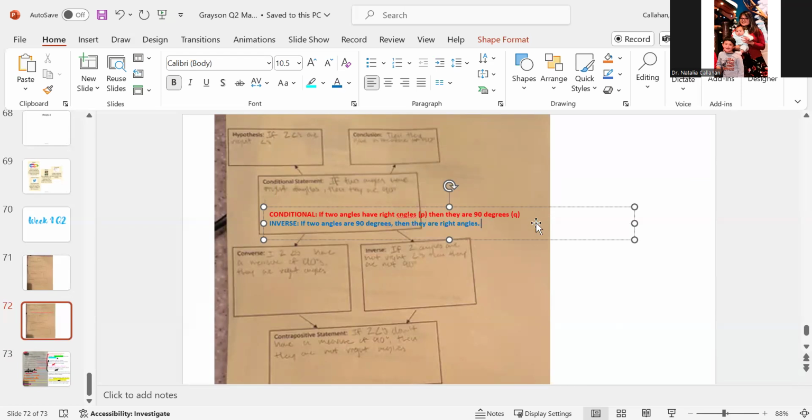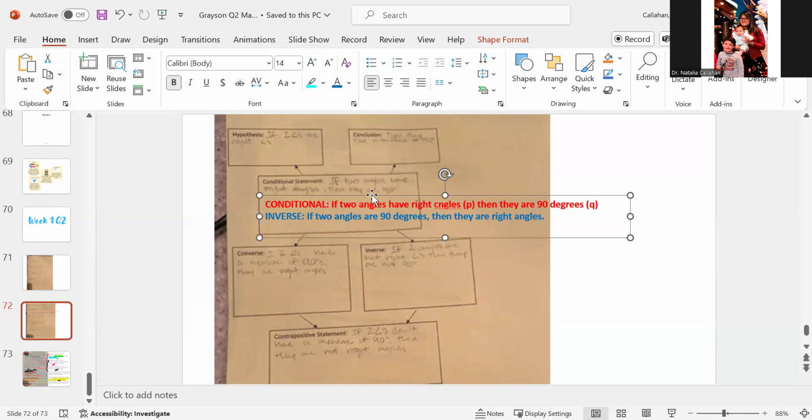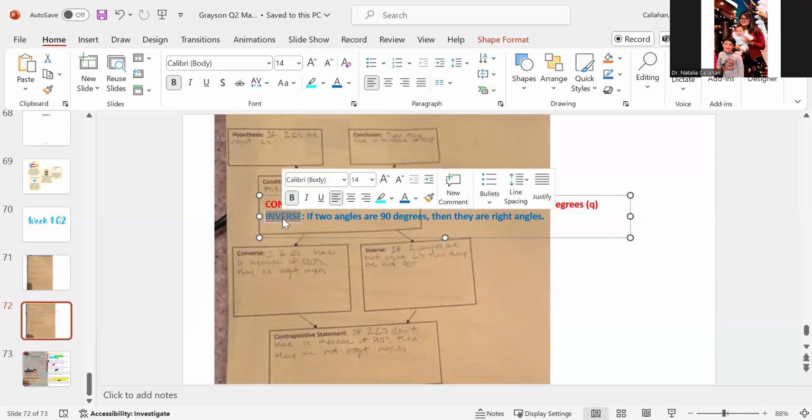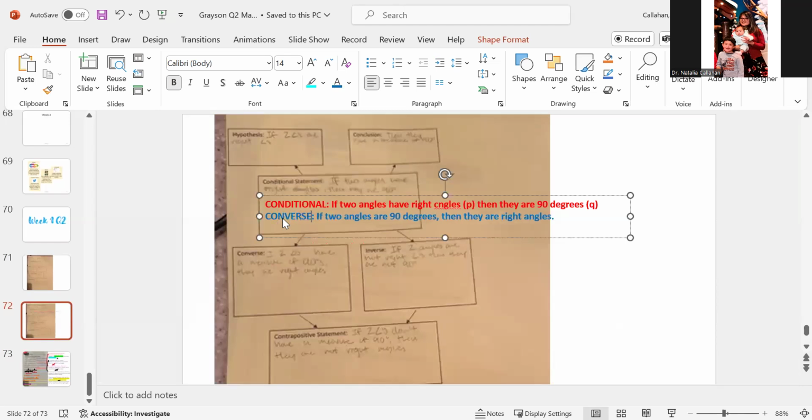You just have to reword it so it sounds good. Does that make sense? I meant converse, not inverse. Just remember, conditional and converse are both C's. Conditional is if P, then Q. Converse is if Q, then P. You just go backwards, okay?